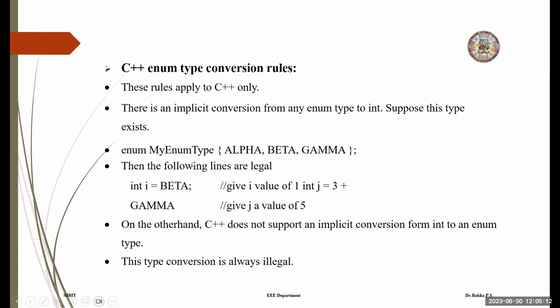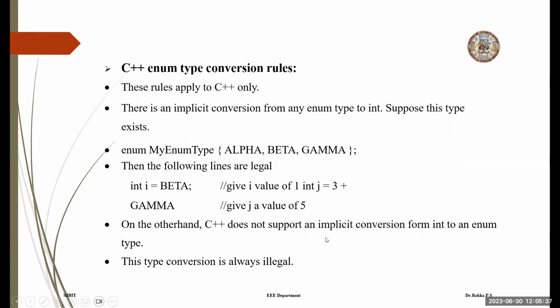Now we can also do it like this. Int i is equal to beta, after declaring this enumerated data. Now int i is equal to beta gives i a value of 1, and int j is equal to 3 plus gamma gives j a value of 5.